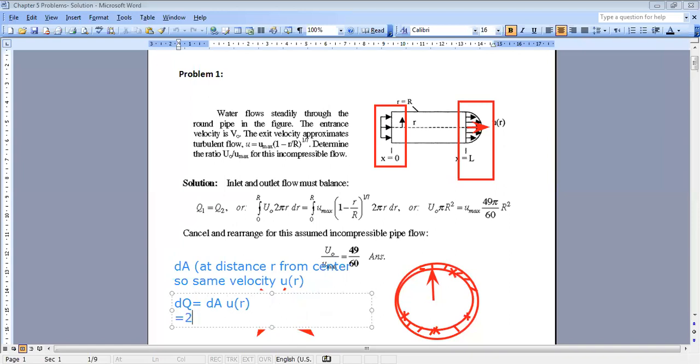So it's equal to 2 pi r dr. And now, since you obtained the expression of the elementary flow rate, in order to find the total flow rate, all you have to do is perform the integration. So always, when you have a variable velocity profile, think about integration. Okay?